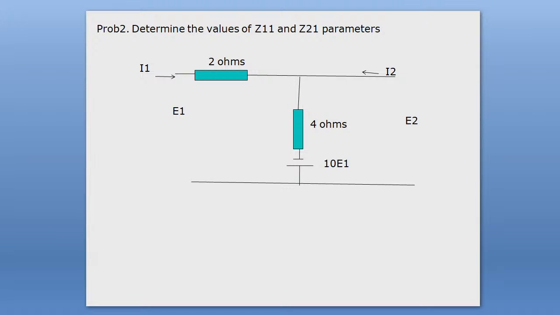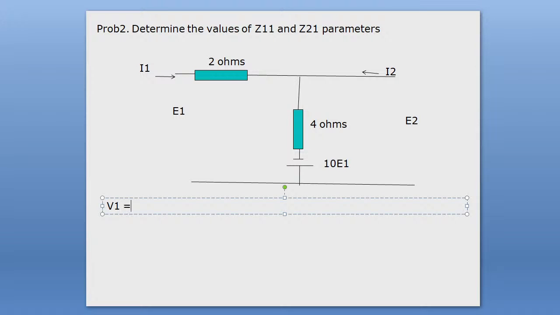First, our objective is to write the expression of Z11 and Z12. Then you write the network equation. For the Z parameter, you know that V1 and V2 are dependent variables, I1 and I2 are independent variables.